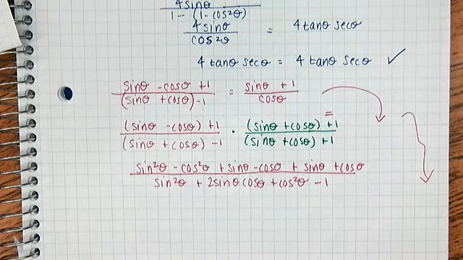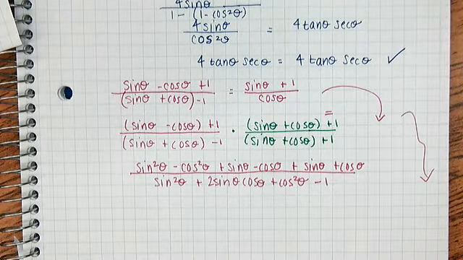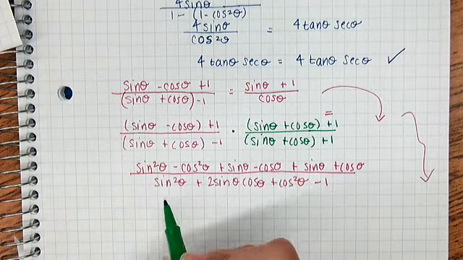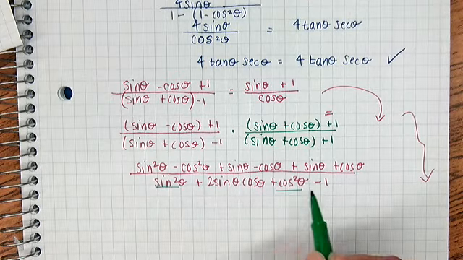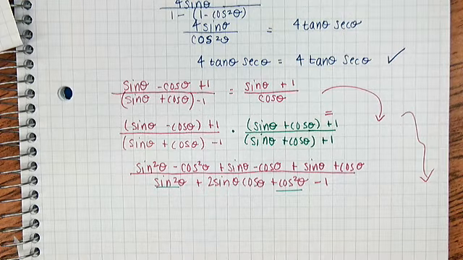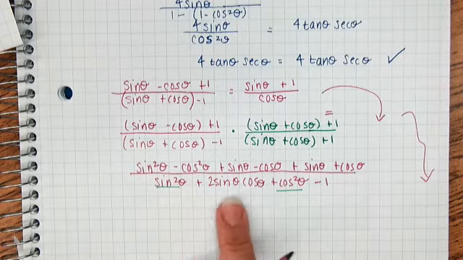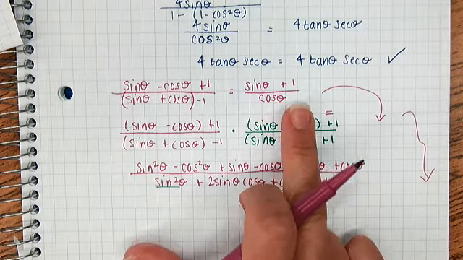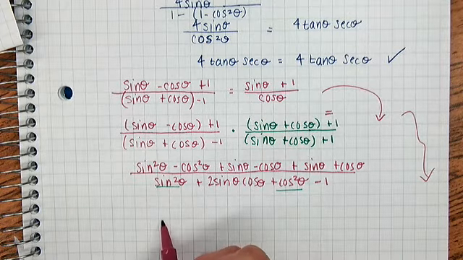You've really got to be careful you don't lose any of your terms. Okay, so the denominator, sine squared plus cosine squared is 1. Minus 1 is 0. Wow, I like that so much better. Look at my denominator. My denominator is now 2 sine cosine, and I want cosine, so I like that. I'm getting there.